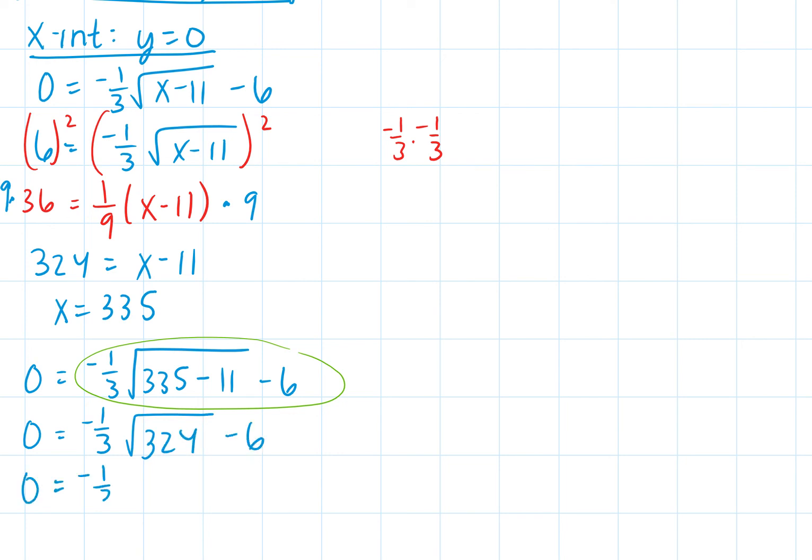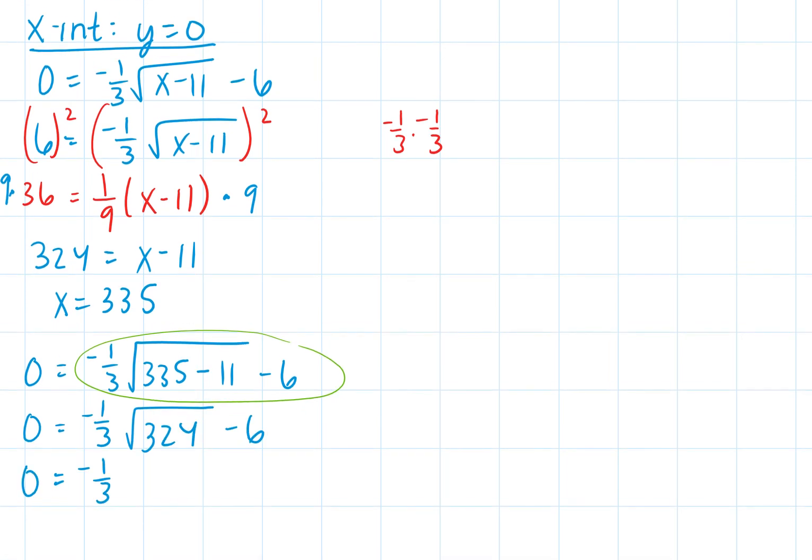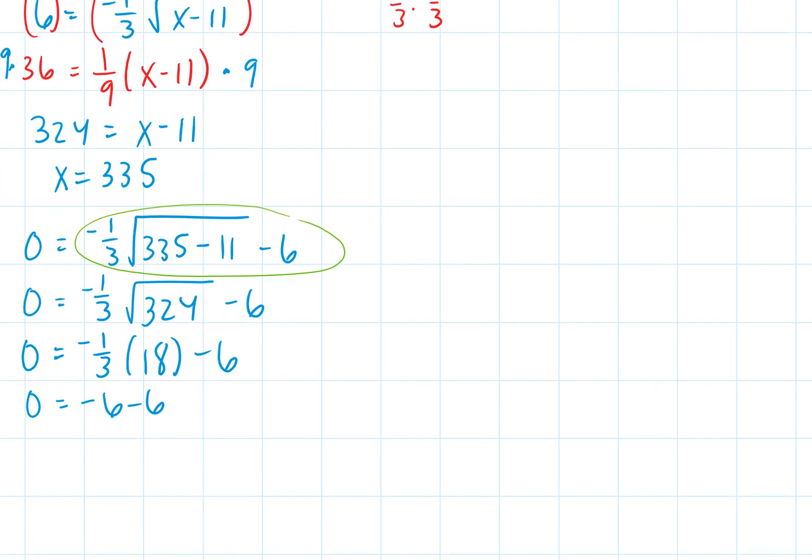But notice I'm not moving terms around to double check. I am simply evaluating, which means I'm just moving the numbers down by using PEMDAS. But 0, of course, is not equal to negative 12, and so this doesn't work. Therefore, there are no x-intercepts.